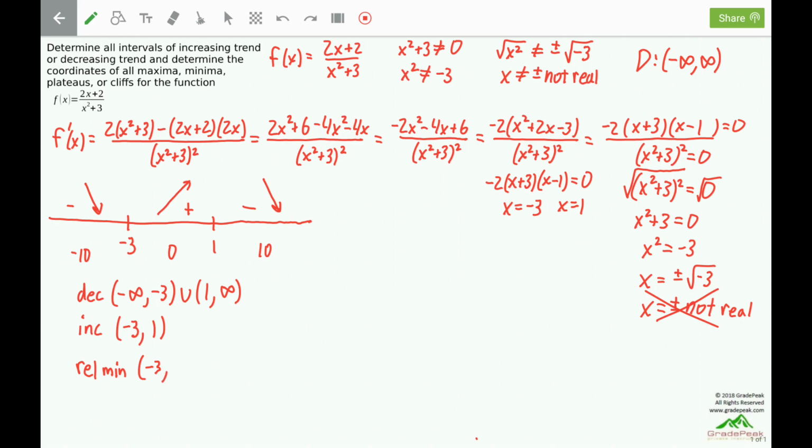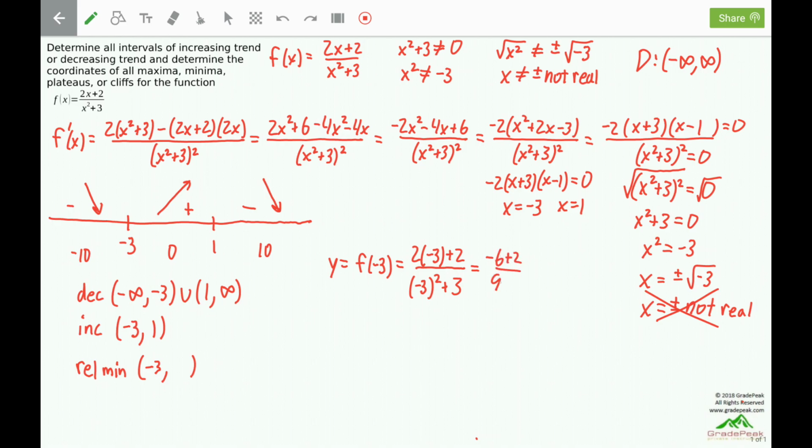It has an x-coordinate of negative 3. It has a y-coordinate that can be found by plugging the negative 3 back into the original function. So y will equal f of negative 3, which will be 2 times negative 3 plus 2 divided by negative 3 squared plus 3. 2 times negative 3 is a negative 6 plus 2.